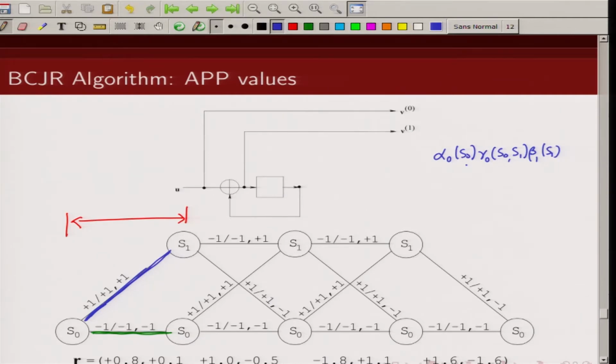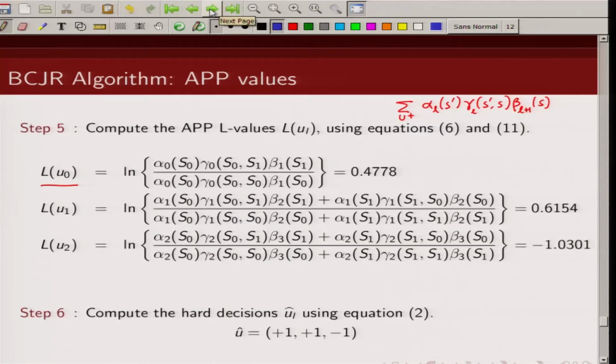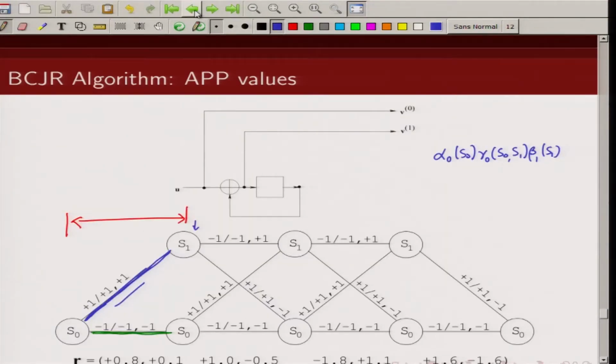So, I have alpha 0 s 0, gamma 0 s 0 s 1, and beta corresponding to this state, beta 1 s 1. At this time instance, is there any other transition corresponding to ul plus 1? No, there is only one.